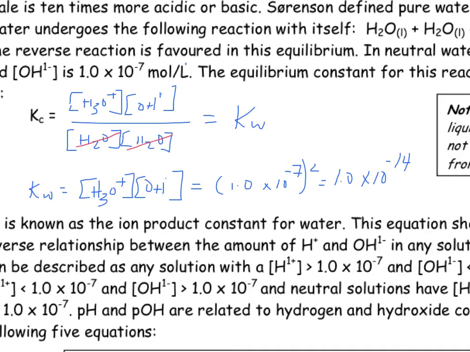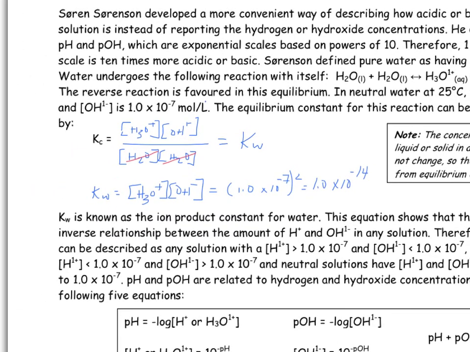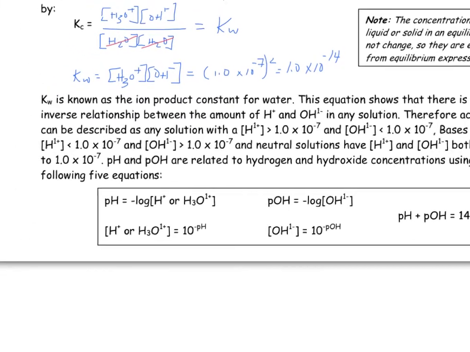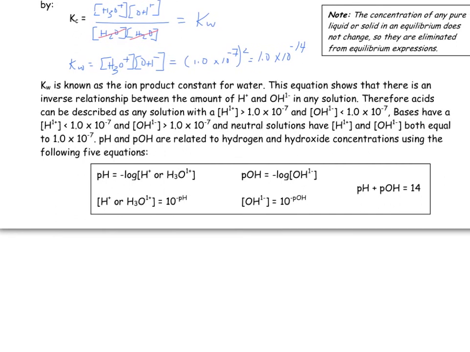Sorensen based his pH and pOH scale on this reaction. Kw is known as the ion product for water. This equation shows that there's an inverse relationship between the amount of H plus and OH1 minus in any solution.